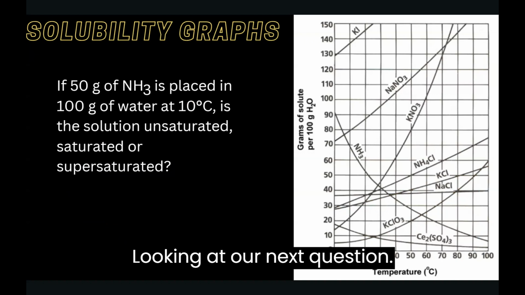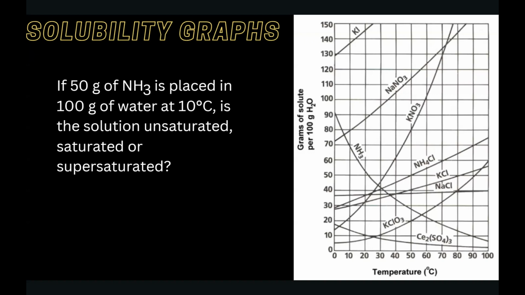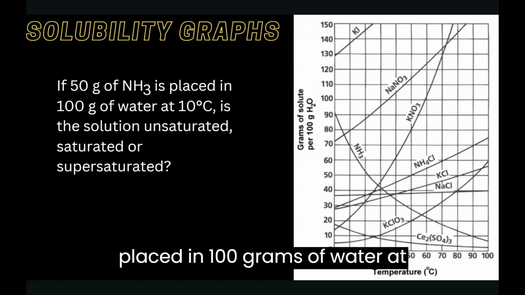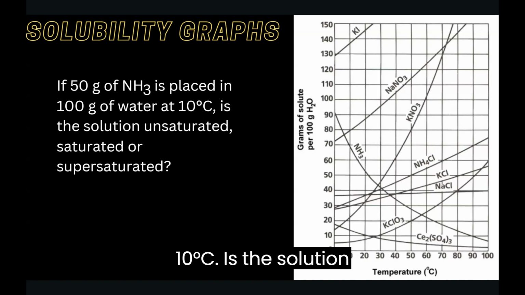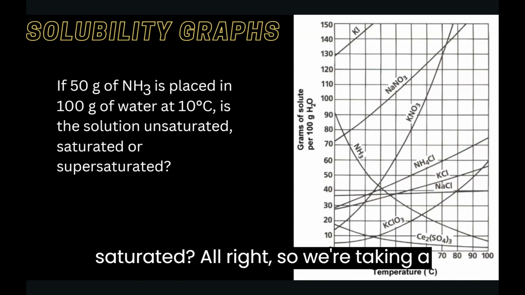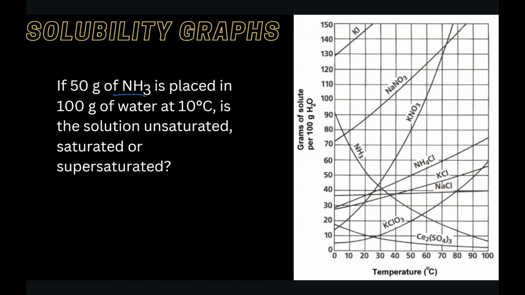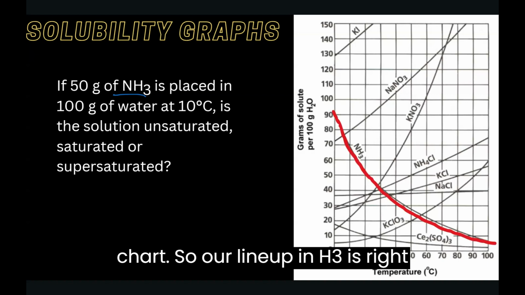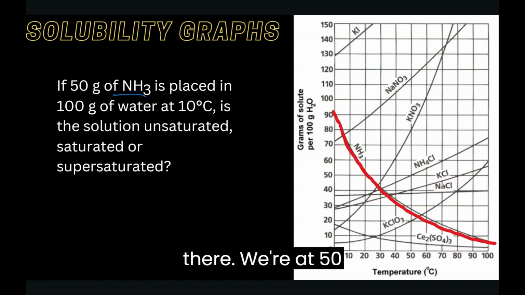Looking at our next question. It is asking if 50 grams of NH3 is placed in 100 grams of water at 10 degrees Celsius, is the solution unsaturated, saturated, or supersaturated? All right, so we're taking a look at our NH3. We'll find that on our chart. So our line of NH3 is right there.